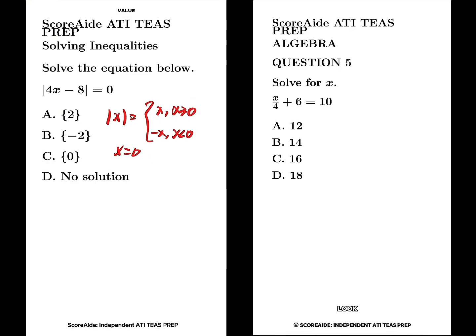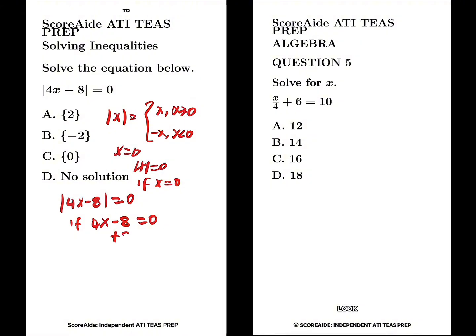So the absolute value of x is equal to 0 if x is 0. So that is just what it is, right? Now, the absolute value of 4x minus 8 is equal to 0 if 4x minus 8 is 0. That's the only condition.